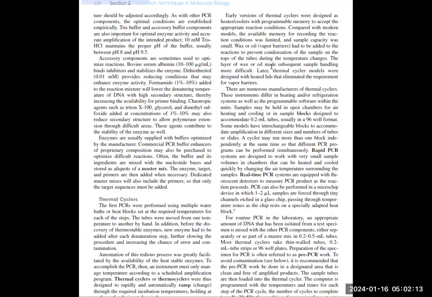But handling such things is difficult, and that's why the recent cycler models were designed with heated lids. So that's the one we're having. Heated lids can eliminate the need for us to use wax or oil vapor barriers.